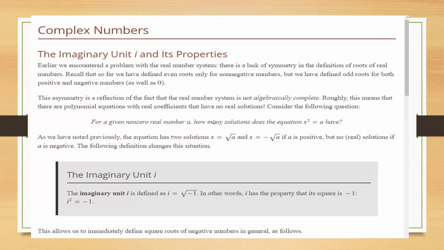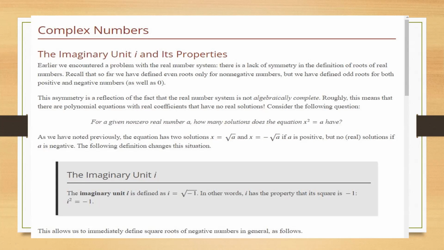The imaginary unit i, and so we're literally talking about the letter i here, is basically involving the real number system, but yet its lack of symmetry in the definition of the roots and real numbers. So what we need to recall is that we have defined even roots only for non-negative numbers, but we have defined odd roots for both positive and negative numbers.